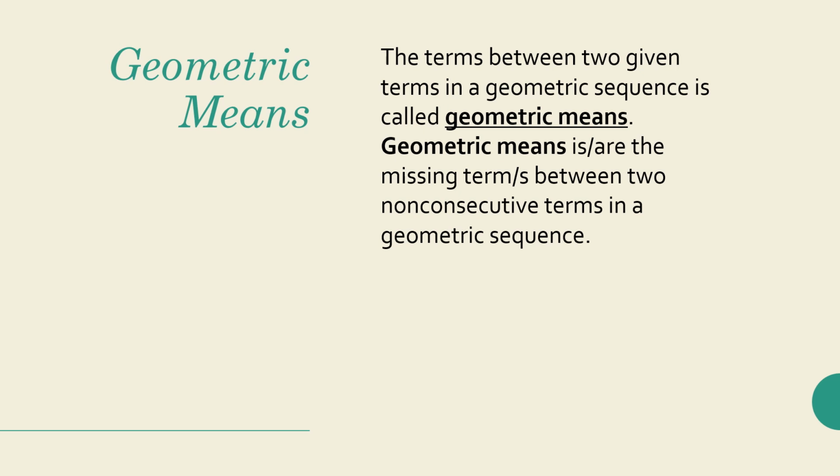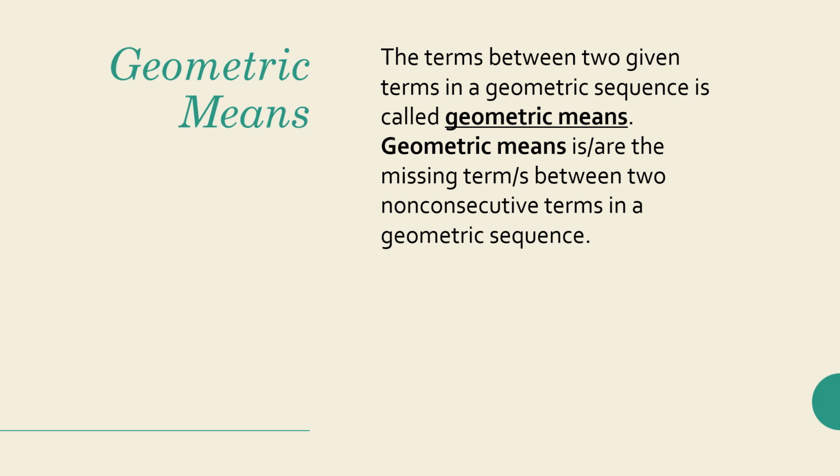So we have two parts here on the geometric means. One is you have to insert a geometric mean, and the other one is inserting two or more geometric means.